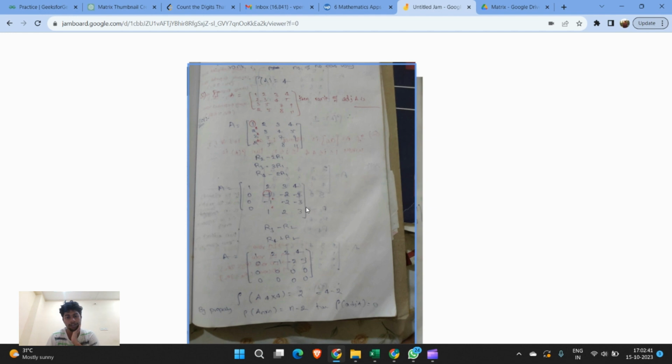Instead, you can use shortcuts. If the rank of A is n minus 2, then obviously the rank of adjoint A becomes 0. In this way, you can solve this one.